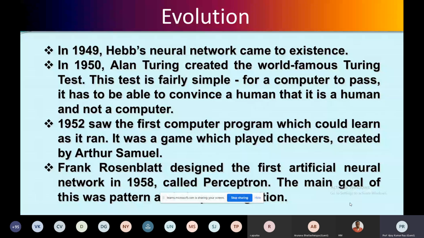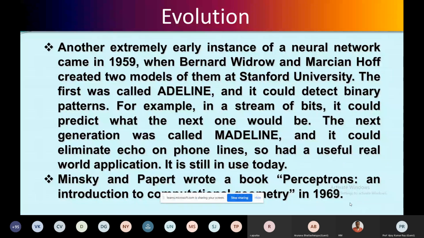And this network was known as the perceptron. Perceptron means it was a machine, a computer program, which could perceive. Perceive means which could classify the incoming patterns into two or more classes. So this was a great thing, the perceptron, 1958.